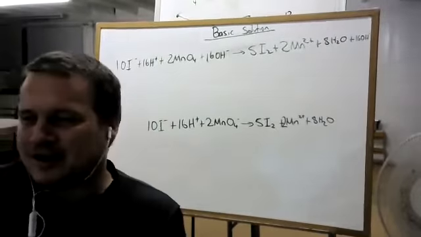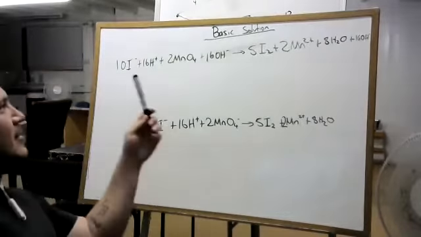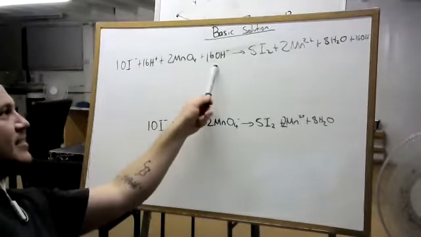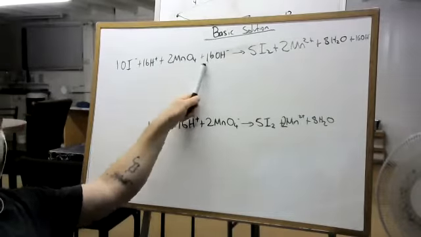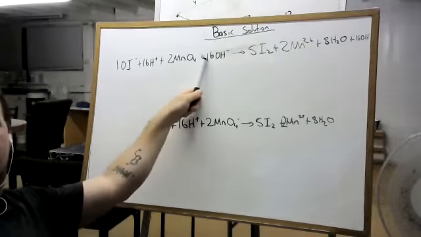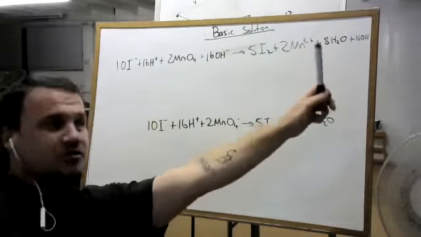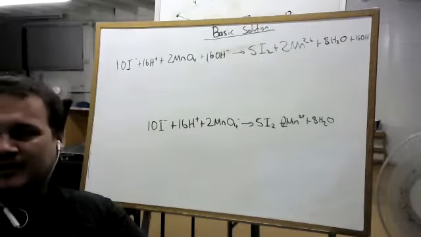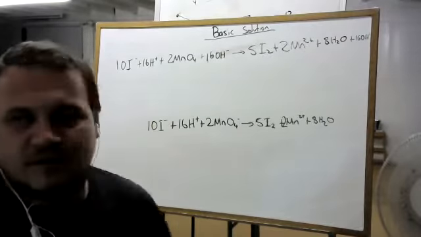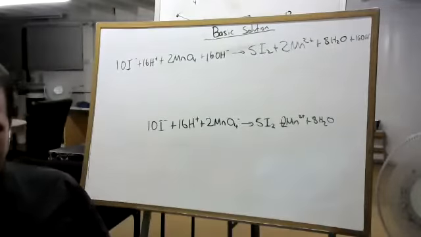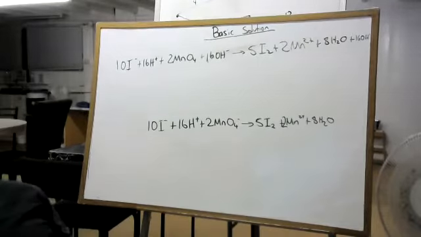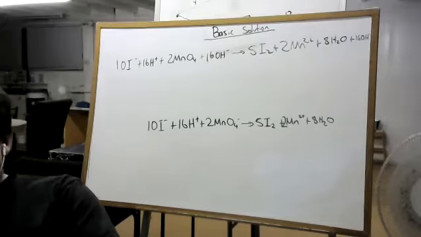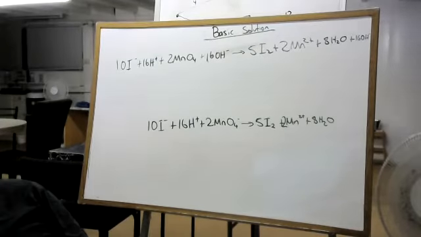We've added 16 OH minus to this side to neutralize the acid on this side. And in order to do that, we have to add it to both sides. So I'll give everyone 30 seconds to just note down the equation now. So the first step is to balance the H plus on the left with some OH minus.